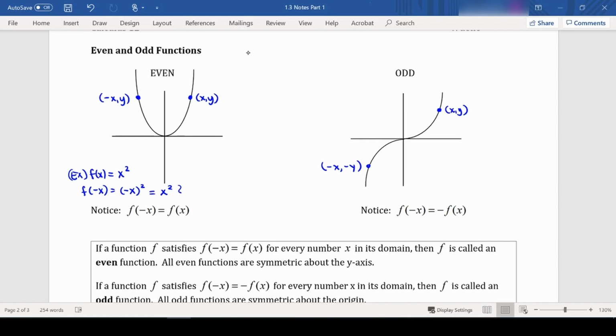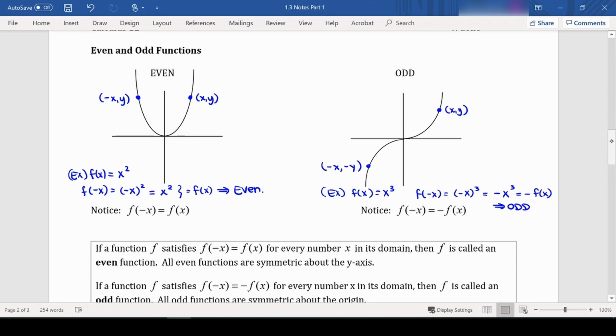So this is equal to f of x, and therefore this is an even function. If I were to try, for example, f of x equals x cubed, f of negative x would be (-x) cubed, which is the same as negative x cubed, which is negative f of x, and so this one would be odd.